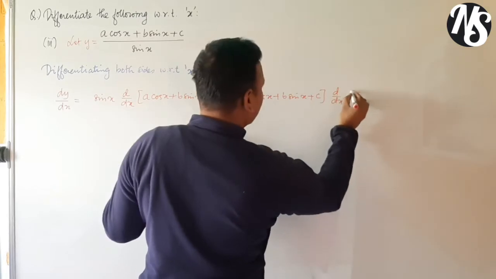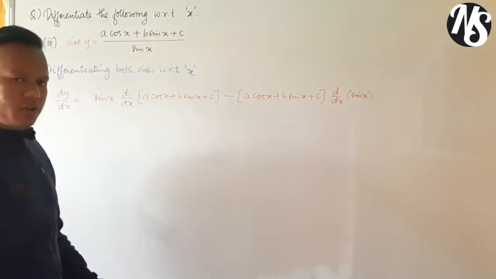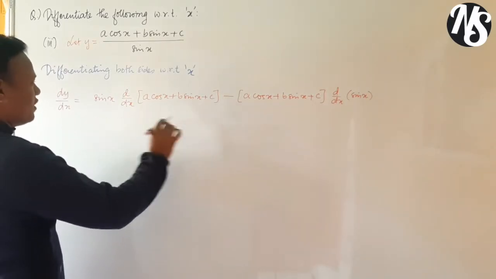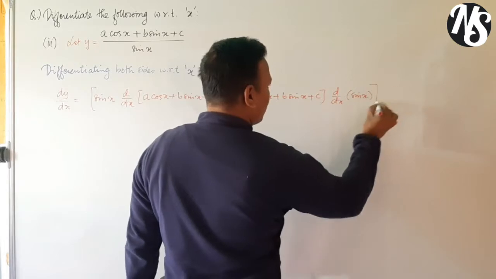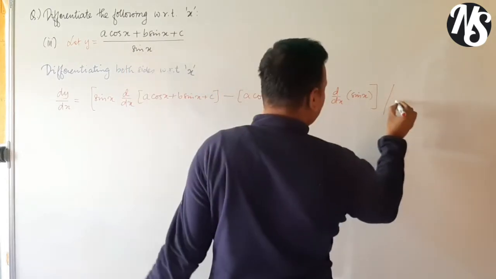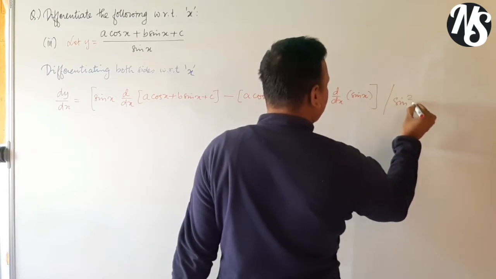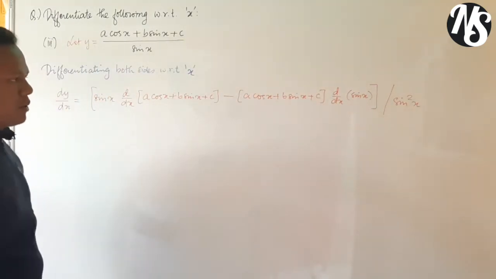What is gx? Gx is sin x for me. Okay, so this is my numerator, divided by the denominator square, that is square of sin x, sin square x. Alright, now let's open up the bracket.